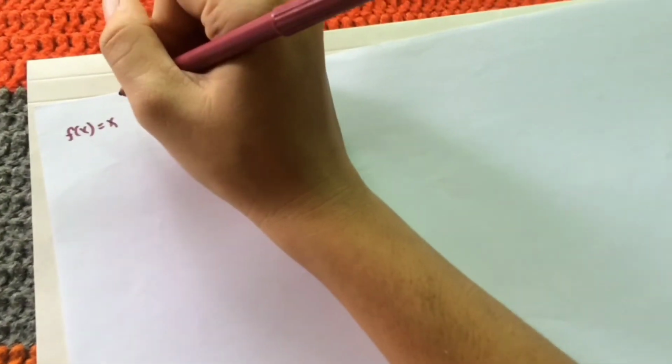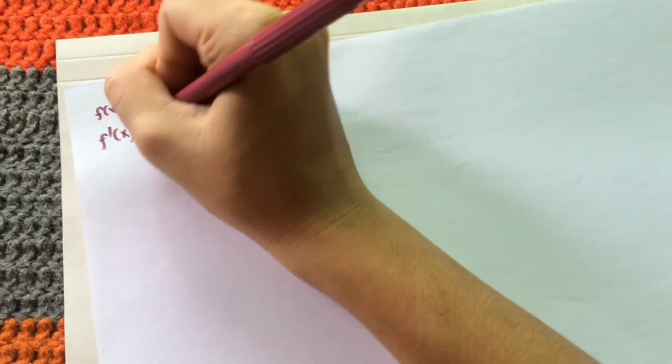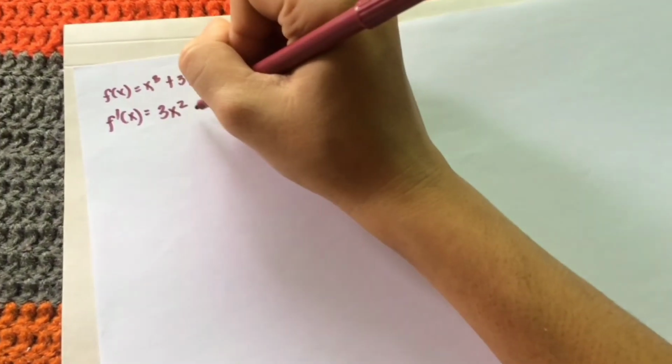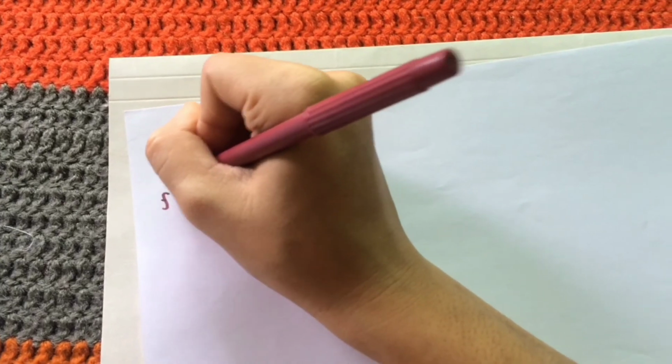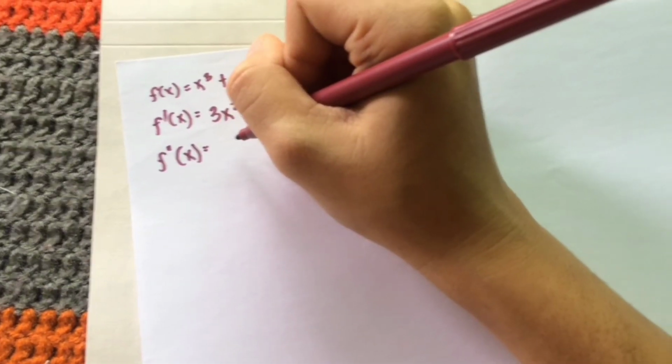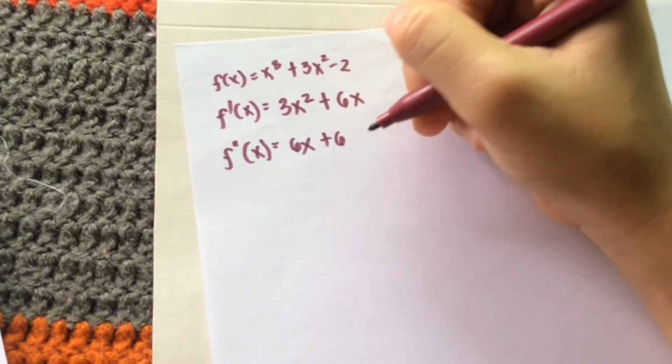Next, we will discuss our concavity and point of inflection. Before we find the concavity of our function, we will first find the second derivative. The first derivative is 3x squared plus 6x, and our second derivative is equal to 6x plus 6.